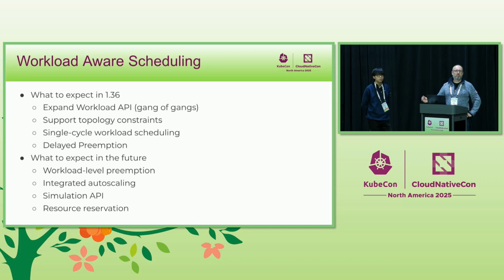So the actual preemptions should happen later, after we make sure that the workload as a whole can be successfully scheduled. And of course, we are working on workload-aware preemption, on integration with autoscaling, simulation API, and reservation API.